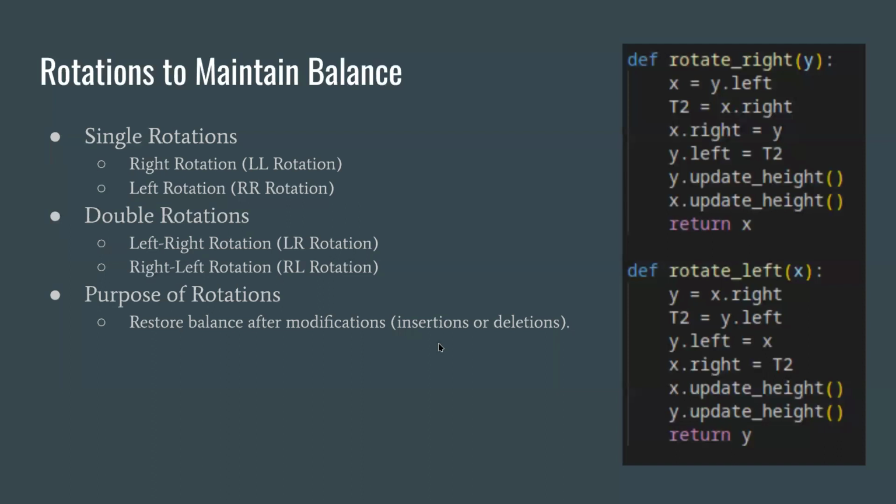Double rotations are slightly more complex, and they involve two-step processes. The left-right and right-left rotations correct cases where a single rotation wouldn't suffice, and these rotations are crucial for maintaining the strict balance of an AVL tree.